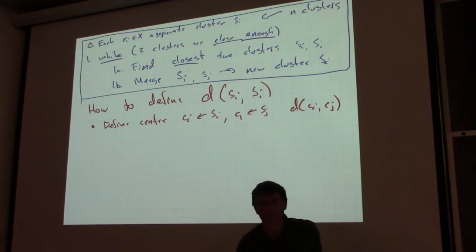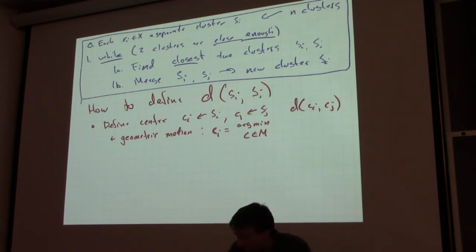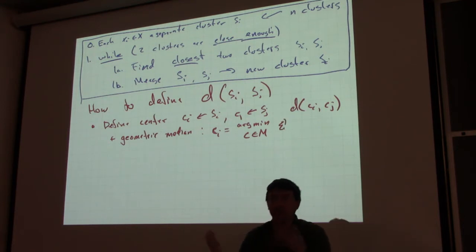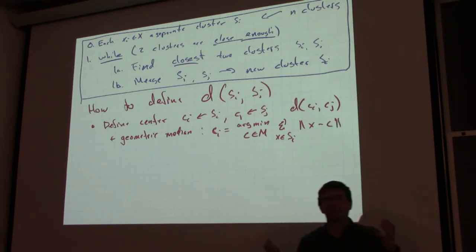Okay, so what you're suggesting is the geometric median, and this is equal to the point you define Ci as the arg min over points C inside of the metric space, the point that minimizes, over all of the x in my cluster Si, the distance from x to C. So I want to minimize the sum of these distances.